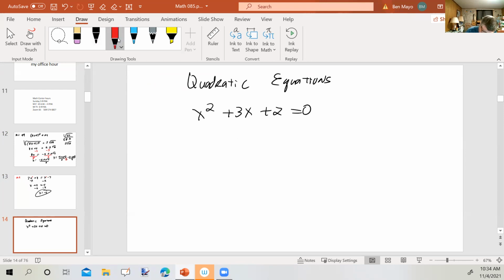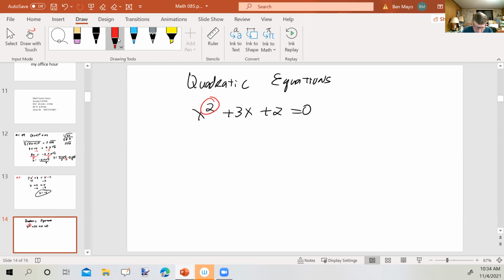This is a second degree equation. The highest power on or exponent on any of the variables is a 2. There are several different ways to solve this. One of them, chapter 6, which we don't do in Math 93, covers a way that involves something called factoring. But today we're going to be using the quadratic formula.